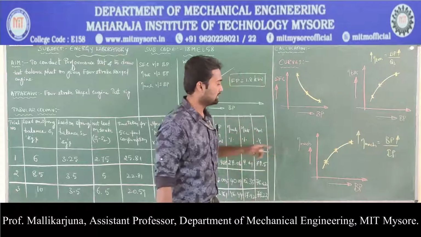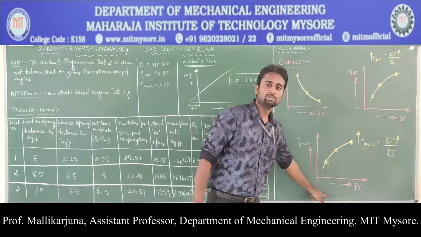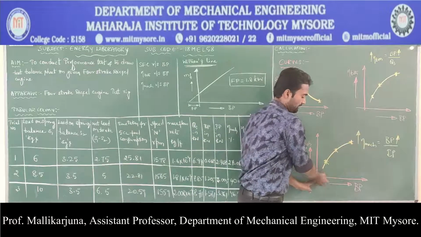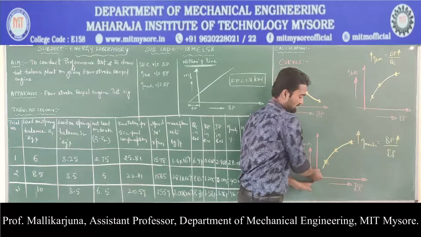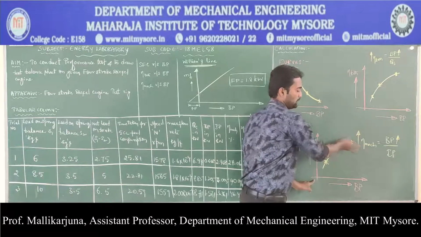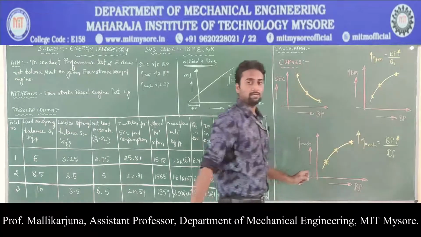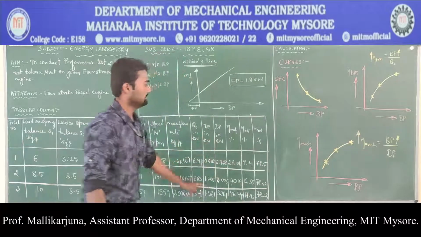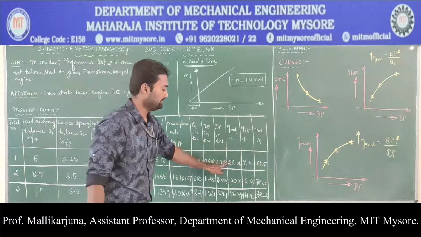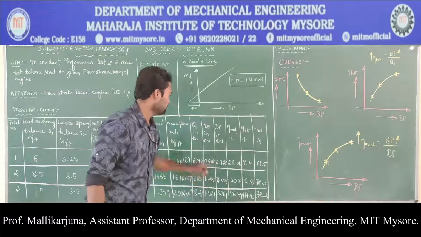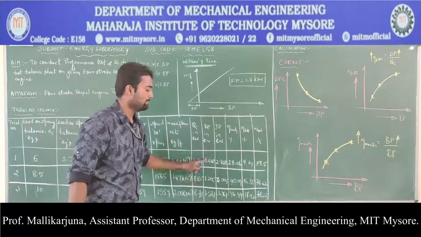The second characteristic curve is mechanical efficiency versus BP. If you look at the curve, mechanical efficiency is less at lesser values of BP and more at higher values of BP. This is the graph we have plotted from these values. Mechanical efficiency increases for increased values of BP.